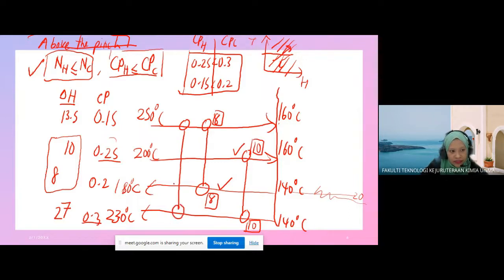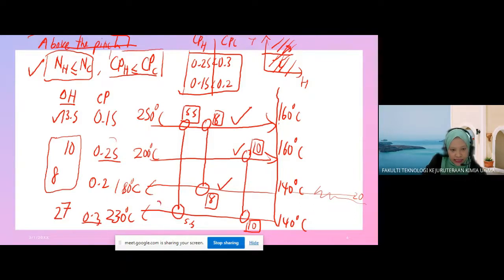So 5.5 plus 8 gives 13.5, so this stream also finishes and you have fulfilled the cooling requirement. And then this is 5.5, so 5.5 plus 10, you get 15.5. Now 27 minus 15.5, you get 11.5.